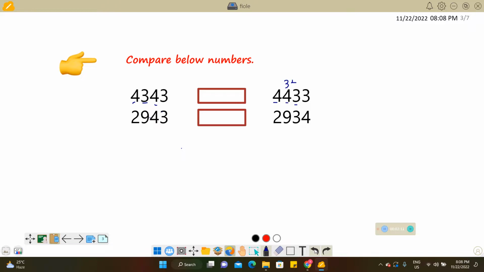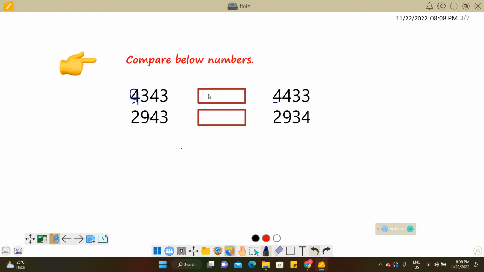For example, we can decide at the thousands place itself if both the digits are not the same. For example, let's assume this is not 4, this is 9. So let's make it 9. So if it is 9, here itself we can decide that 9,000s are obviously greater than 4.